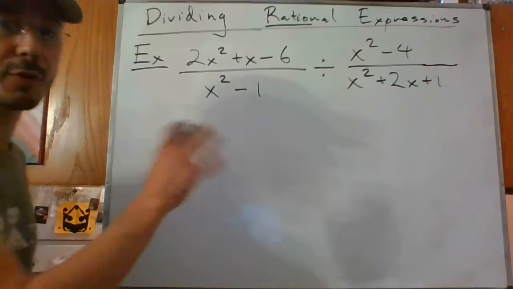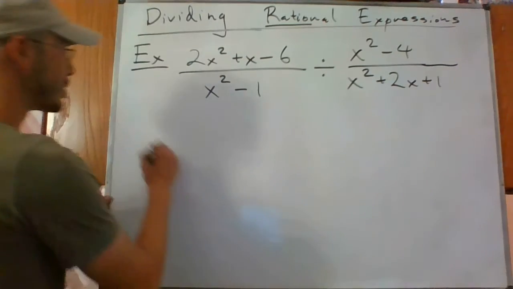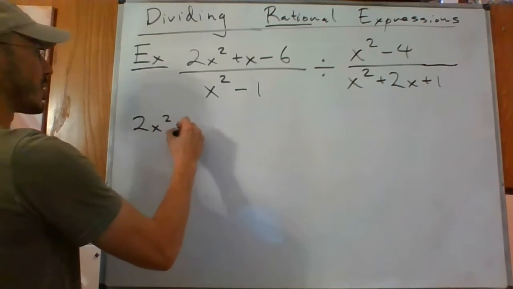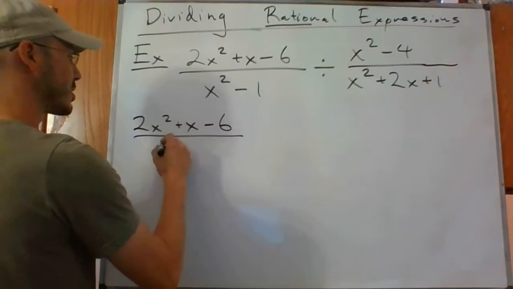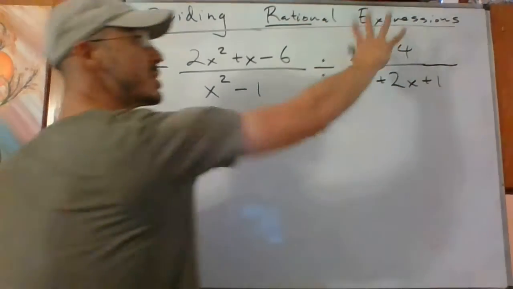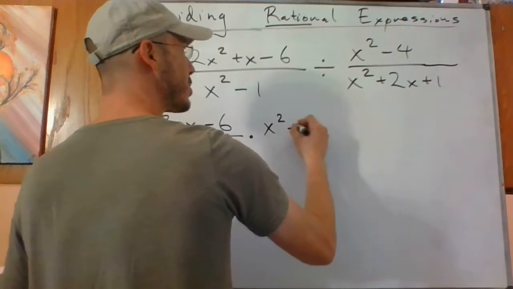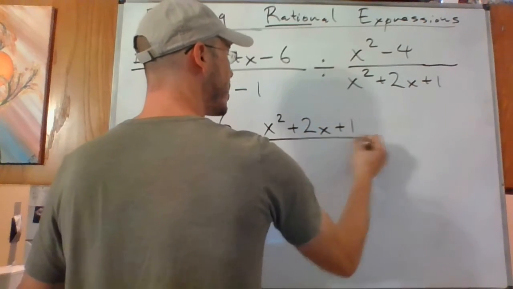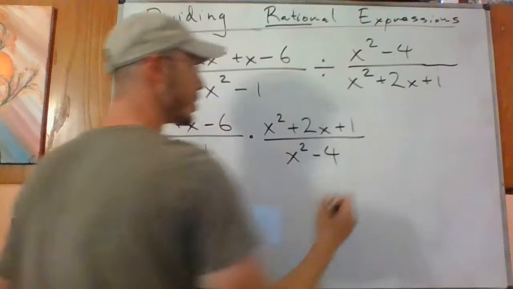So before I do any factoring, I'm going to rewrite this as (2x squared plus x minus 6) over (x squared minus 1) times the reciprocal of this guy, (x squared plus 2x plus 1) over (x squared minus 4).